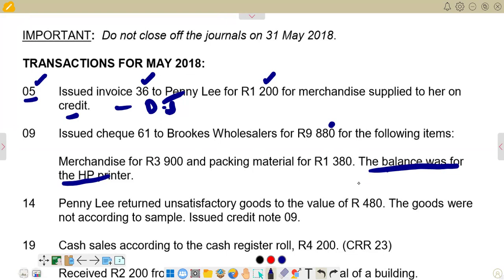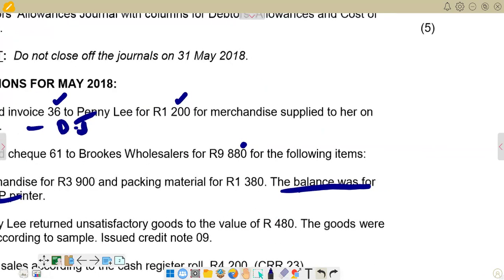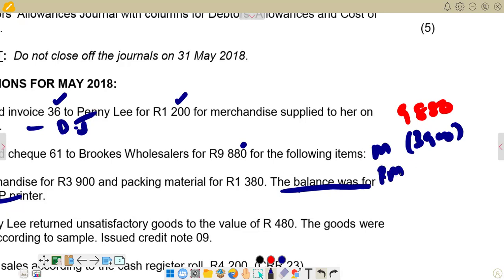So what does it mean? We can just present it here by saying 9,880 is the total. Then out of the 9,880, we put 3,900 for merchandise. And then for packing materials, we have 1,380.